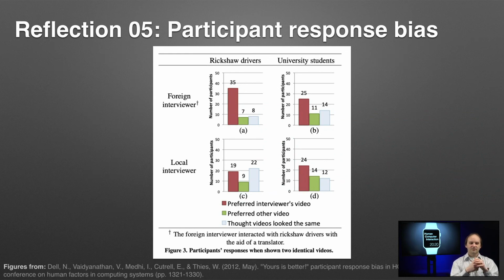The main point of this finding is that we didn't see the effect hold as much with the university students, but we did see it hold with the rickshaw drivers.